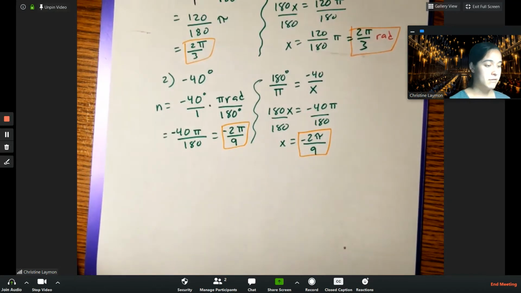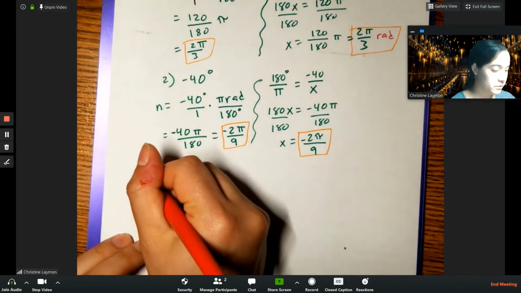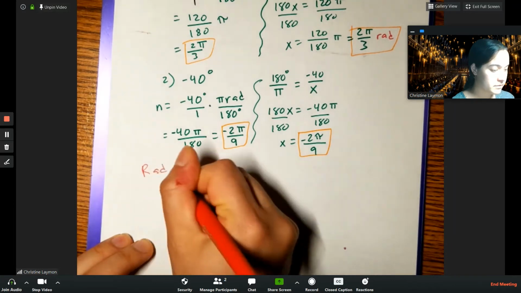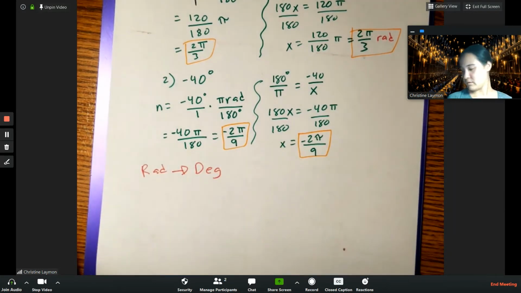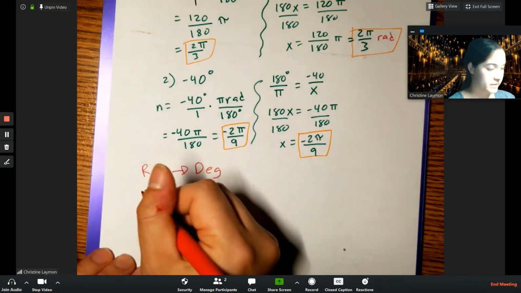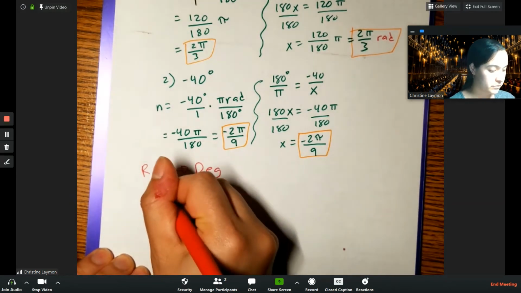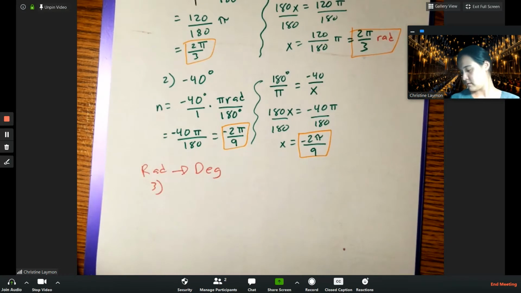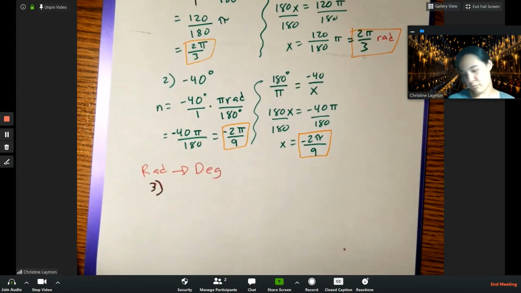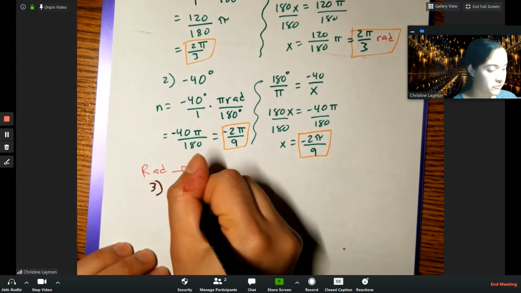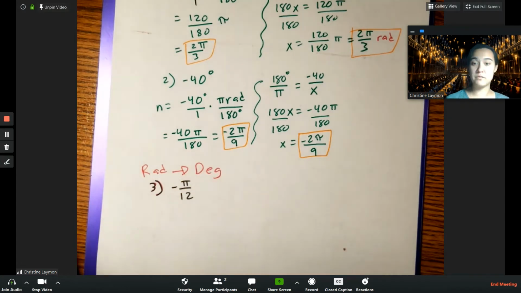Now go ahead down here and show an example of radians to degrees. So radians to degrees, let's give this as example 3. Alrighty, actually let me color code this in black. There we go. So example 3, I'm going to start with negative pi over 12.